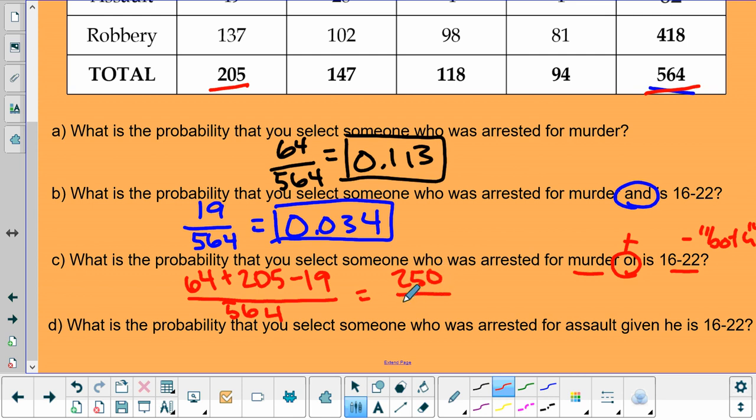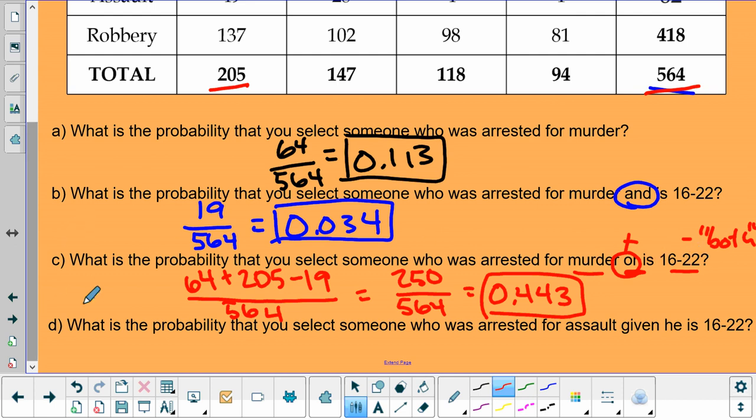I divide that by 564. 250 divided by 564 is 0.443. And again, I knew to add and subtract the duplicates because of this word or. With multiple successes, you add your two successes together and subtract the things that fell in both. I knew I needed to do that because I had two successes here: murder is a success, or 16 to 22 is a success.